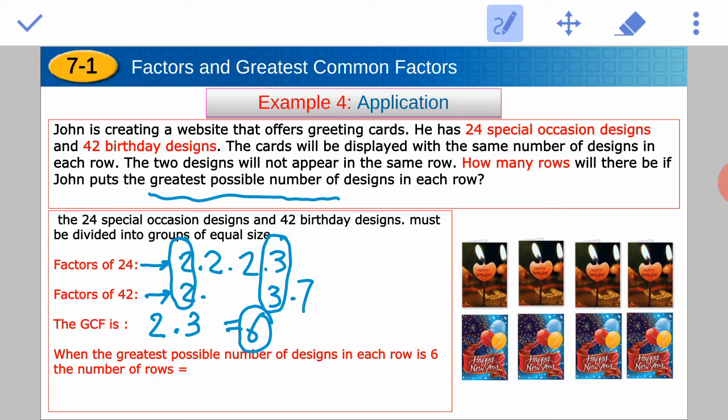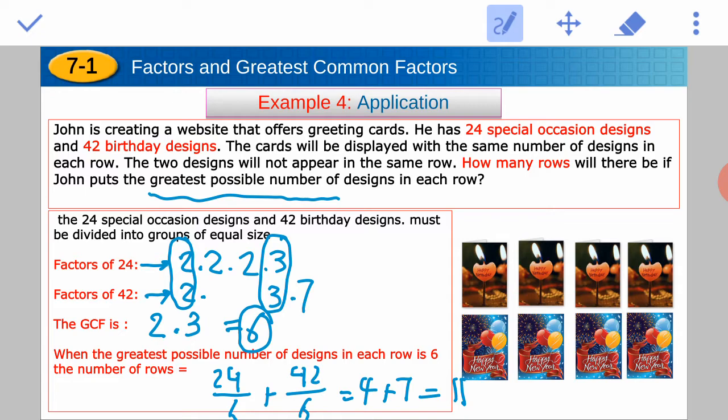Now, let's find the possible number of rows on this website. To find the total number of rows in this website, you need to get how many rows for the first design and how many rows for the second design. To get that, you need to divide the number of designs of the first design, 24, divided by the number of designs in each row, plus 42 divided by 6. 24 divided by 6 is 4. 42 divided by 6 is 7. 4 plus 7 is equal to 11.